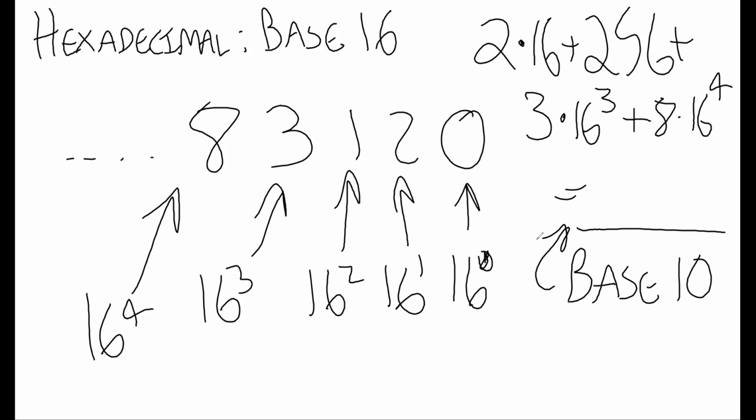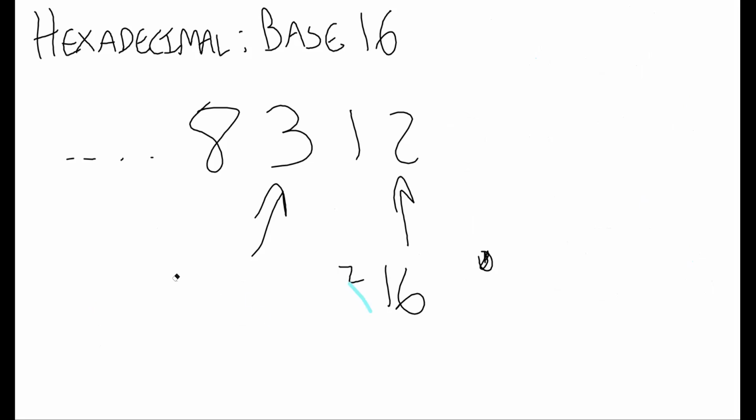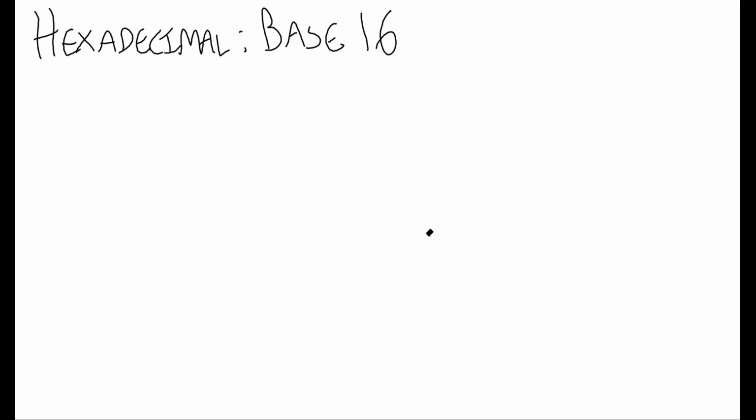So what hexadecimal does is cheat. If I was to write out in the ones place all the values from 1 to 15, here's the base 10 value, here's the value in hex.